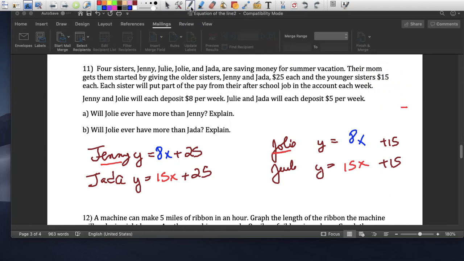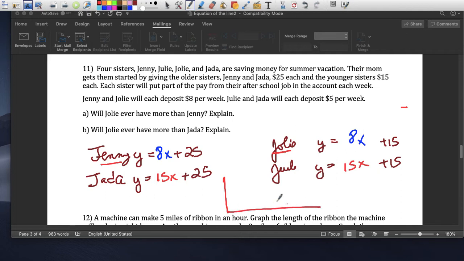The second question is, will Jolie ever have more money than Jada? Interesting question. So with that, I think it would be nice if we graph this.